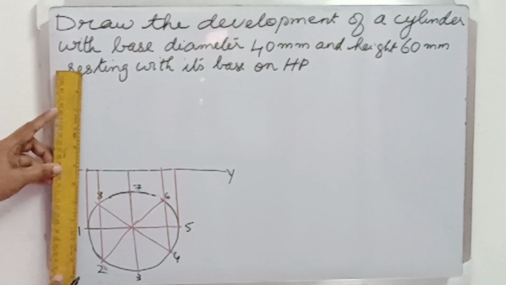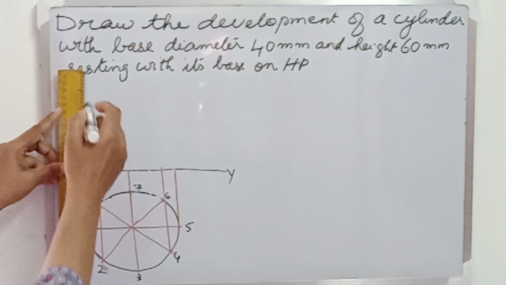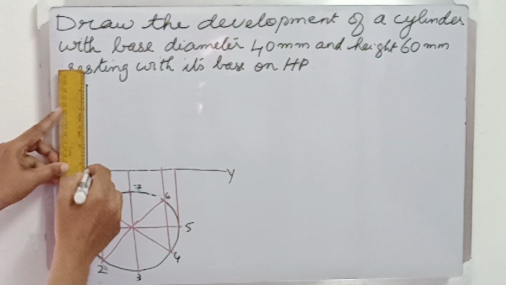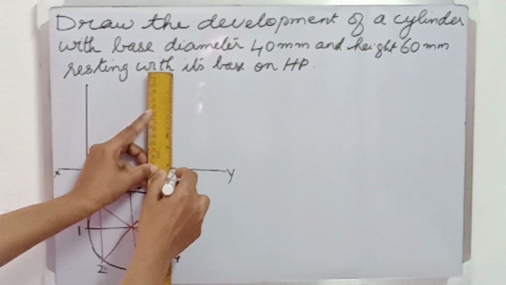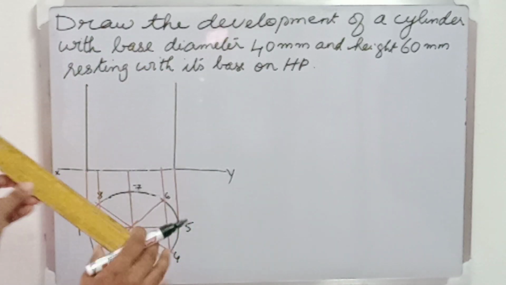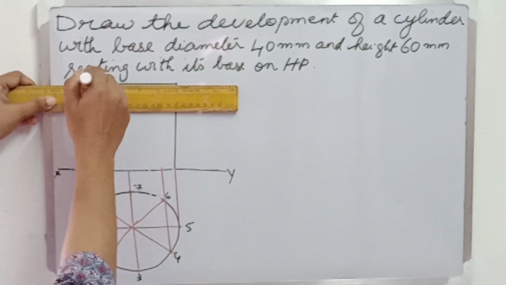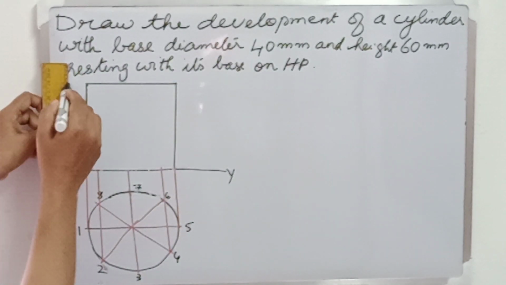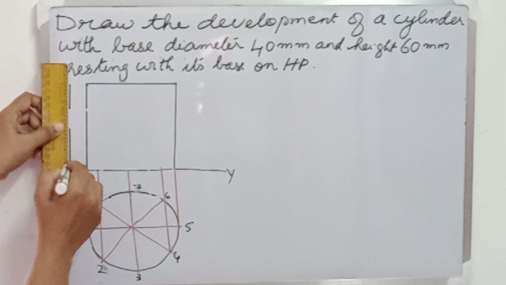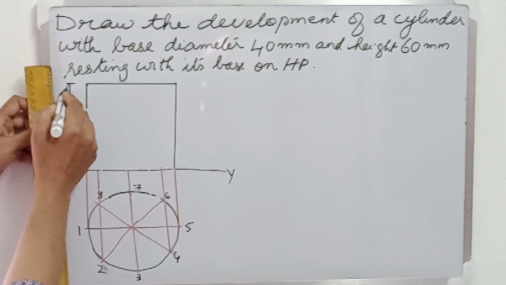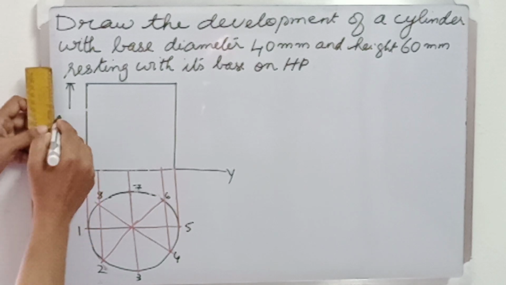From these projectors on the XY line, let us draw vertical lines to complete the front view of this cylinder. The front view of the cylinder will be a rectangle of height 60 mm and width 40 mm.